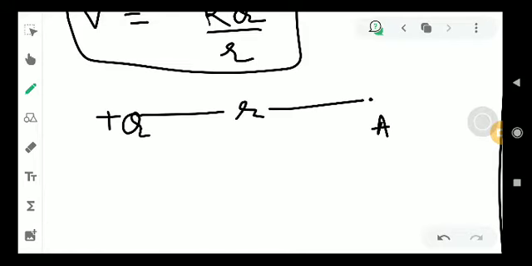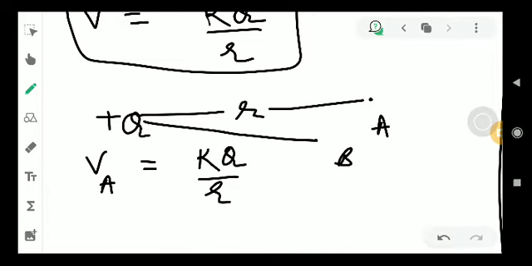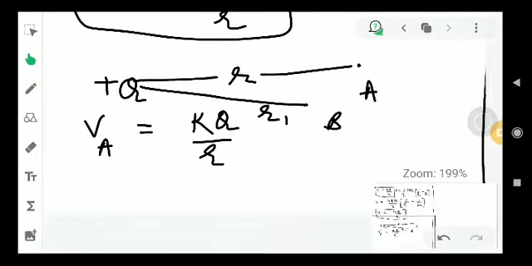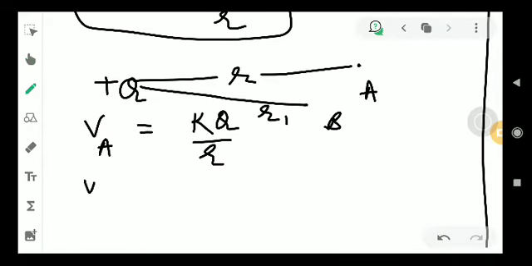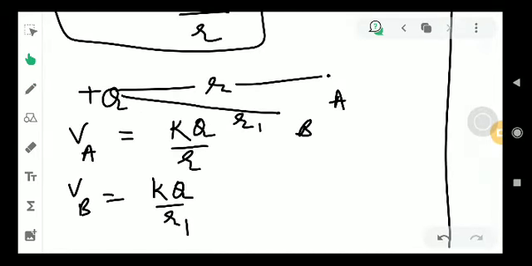Then the potential at A will be kQ by r. If someone asks you to find the potential at point B, which is at a distance of r1, then at point B the potential will be kQ divided by r1.